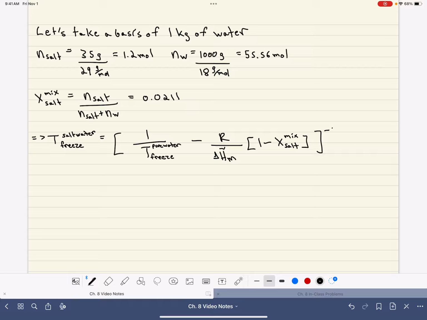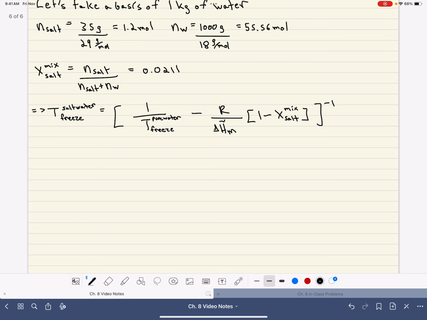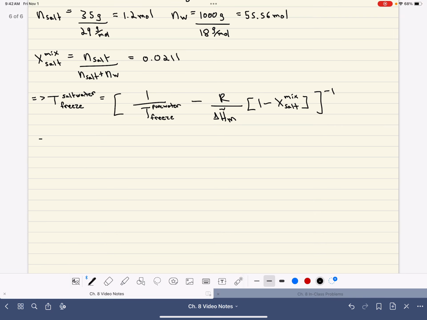And all this to the negative 1. And so, remember, when you're doing these calculations with temperature, use absolute temperatures. If you plug everything in, you get a temperature of 271 Kelvin, which is equal to negative 2.2 degrees Celsius.